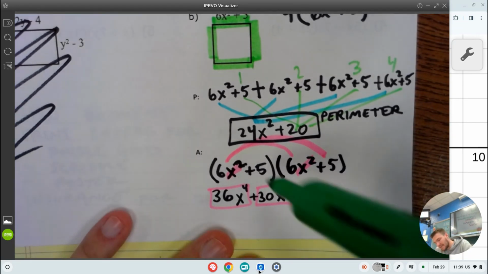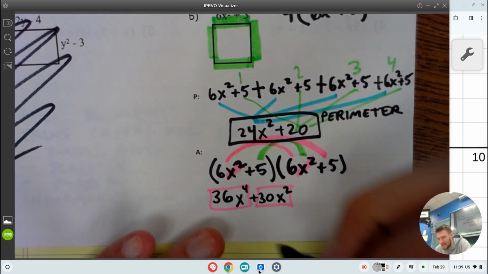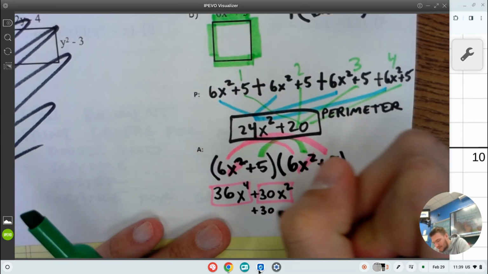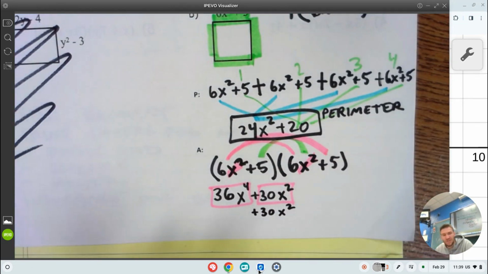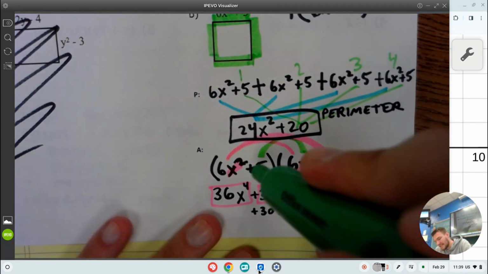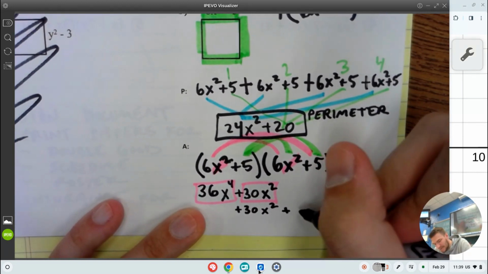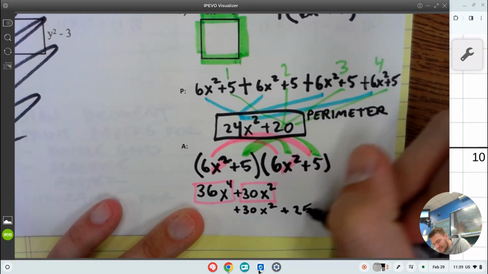Last step. Let's do 5 times 6x squared. We literally just did that, right? Plus 30x squared. We just did 5 times 6 is 30x squared. And what's the last piece? 5 times 5? 25. We actually were talking about that like 2 minutes ago.